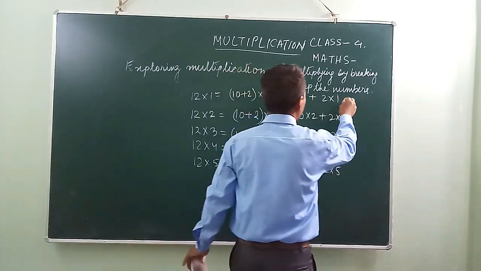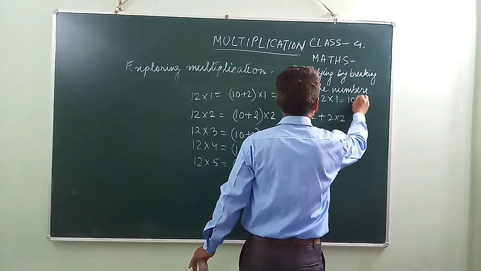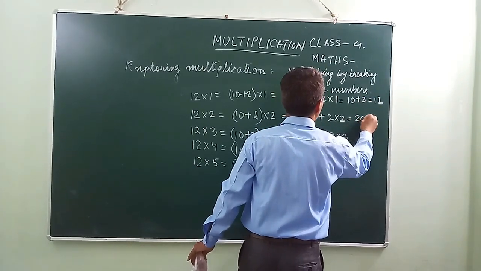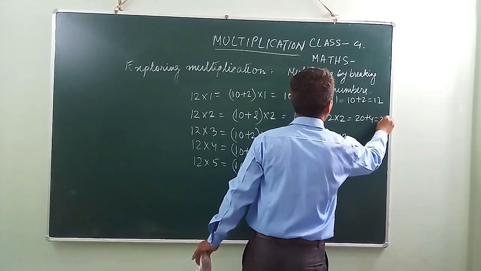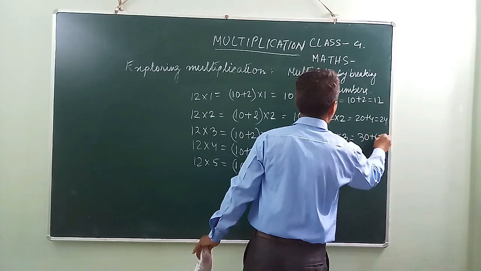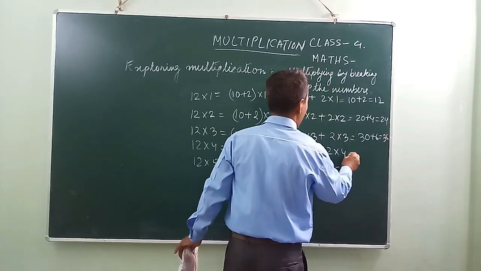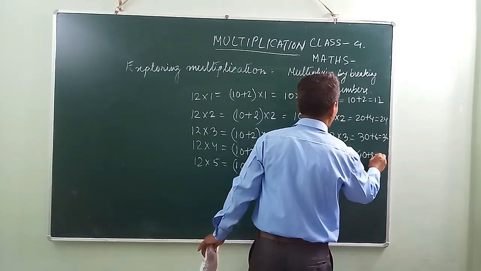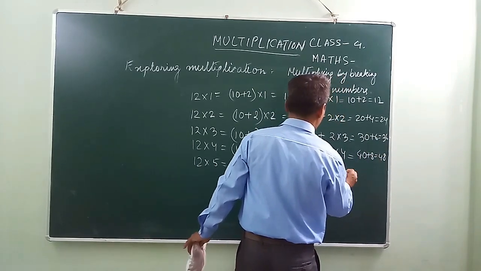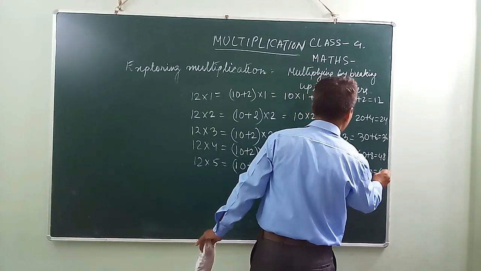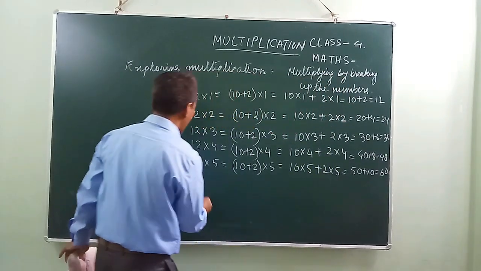So here comes 10 plus 2 equals 12. Here comes 20 plus 4 equals 24. Here comes 30 plus 6 equals 36. Here comes 40 plus 8 equals 48. Here comes 50 plus 10 equals 60. Like that you can go on.